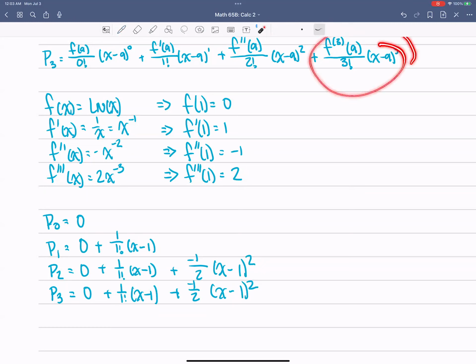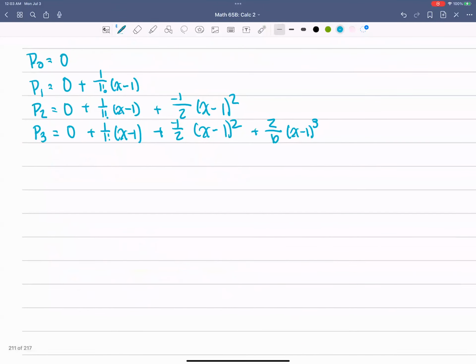And lastly, we have this term. The third derivative evaluated at a is 2 over 3 factorial, that's 3 times 2 times 1, which is 6. And then we have x minus a, or in this case, x minus 1 cubed.